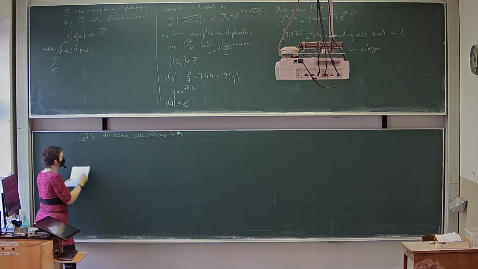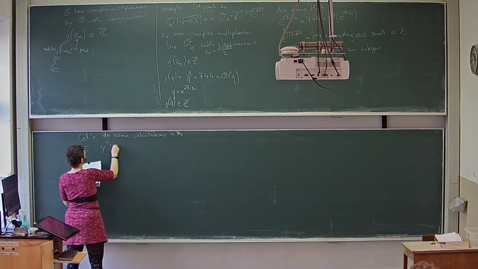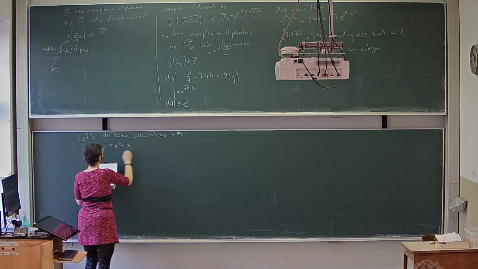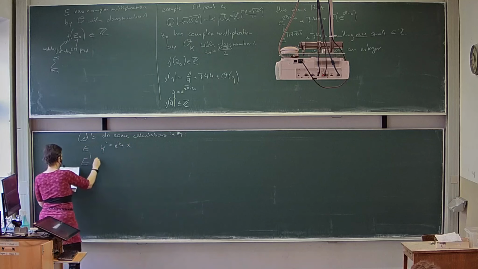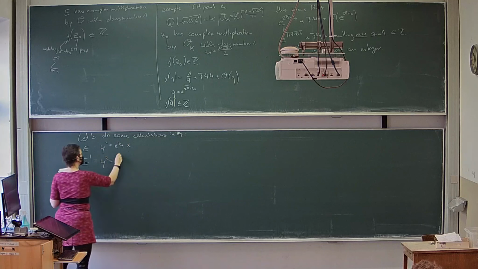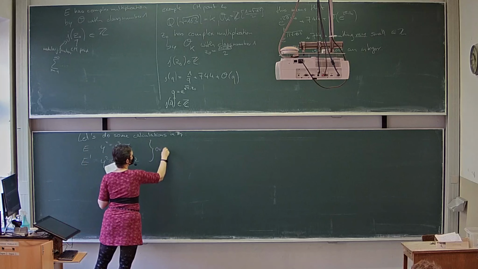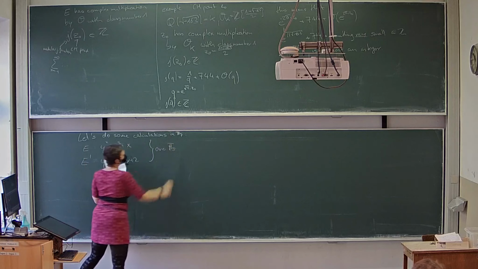So we have two elliptic curves, both over F5.